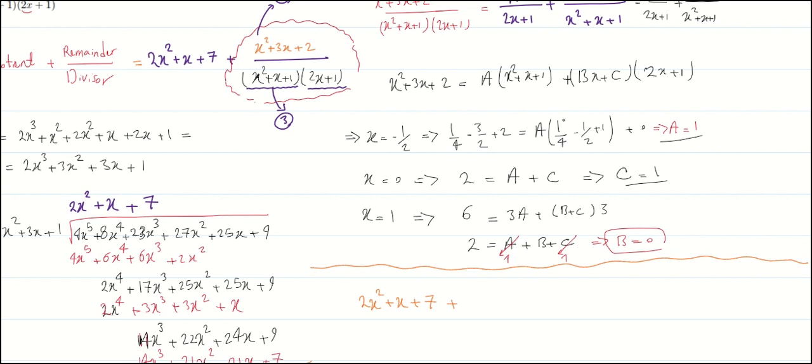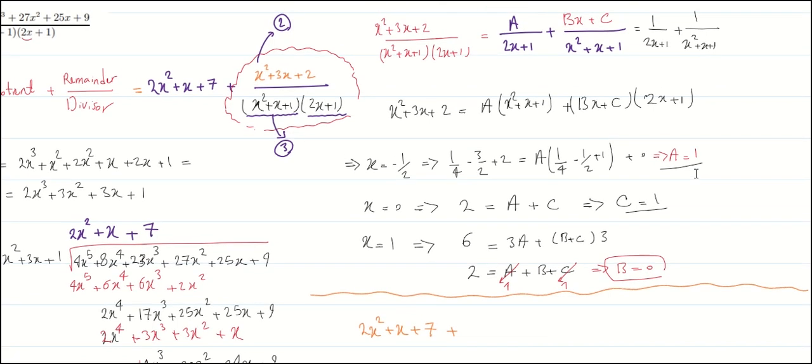Now we're just going to use the two partial fractions that we got above, which is 1 over 2x plus 1, and the other was 1 over x squared plus x plus 1, and that would be our final decomposition.